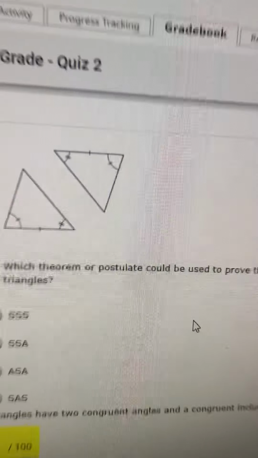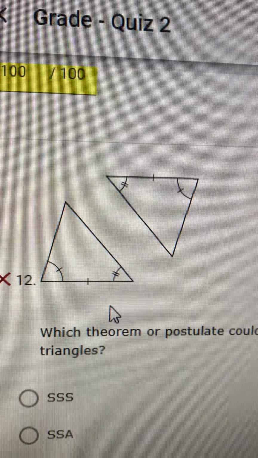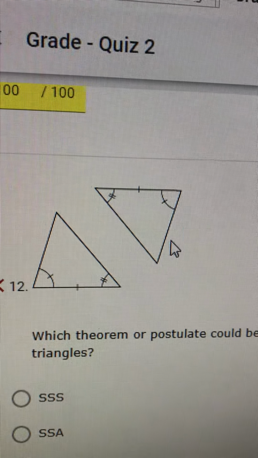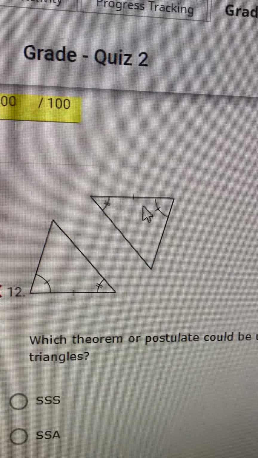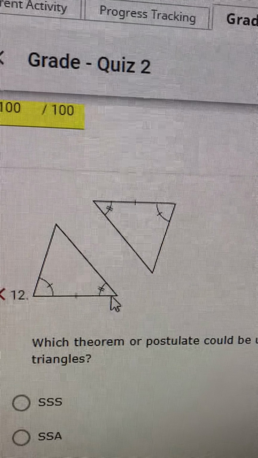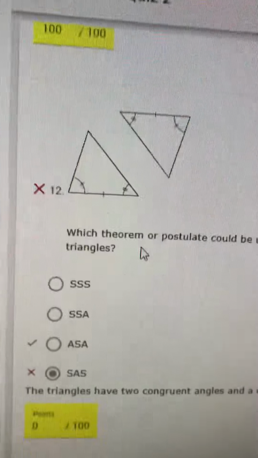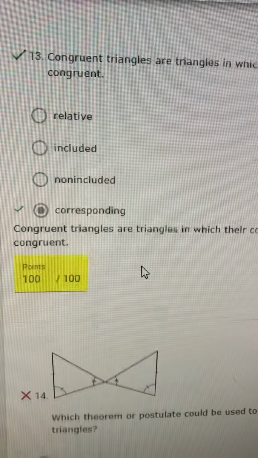So again, the little arc means they're marking the angles of the triangle. I've got two angles marked, and there's a side mark in between the two angles. Since the side is in between the two angles, it's angle, side, angle. Got that one.